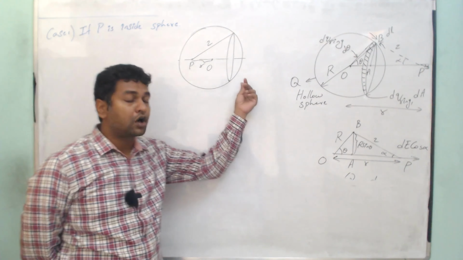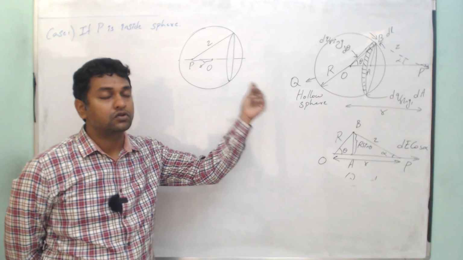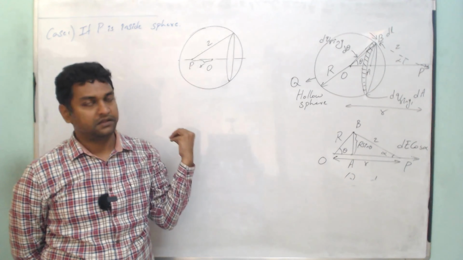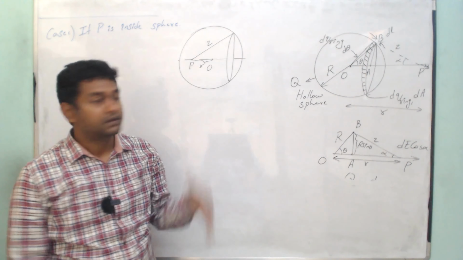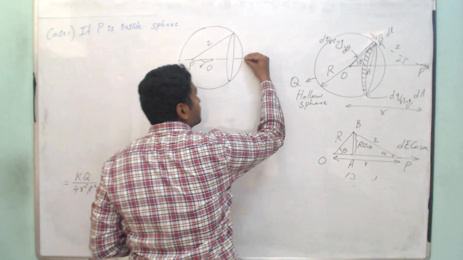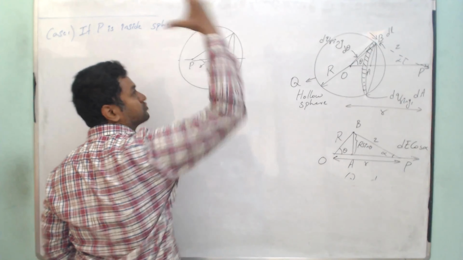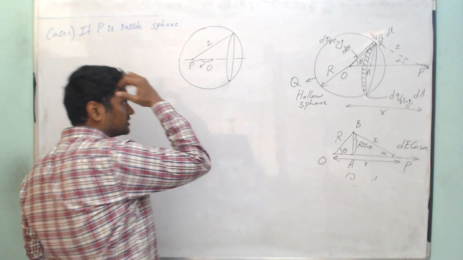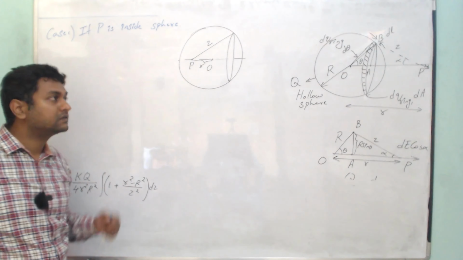We already know how we can make this hollow sphere by bangles of different radii, starting from the rightmost point to the leftmost point. Is this clear?